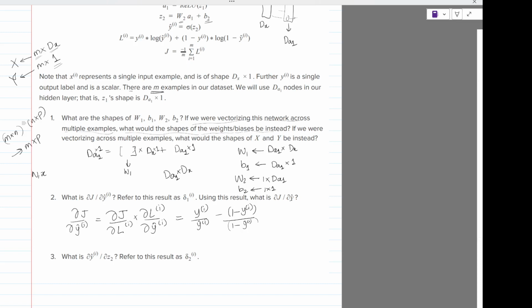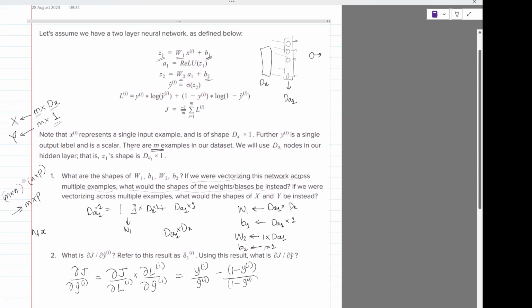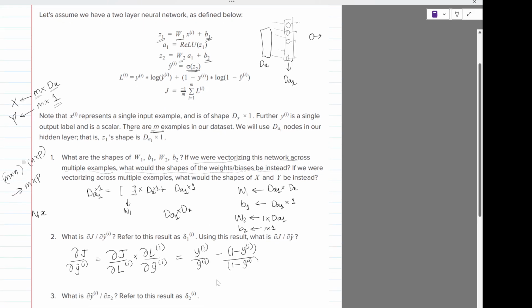Y hat i should be in the numerator. Yeah, y hat i is the output of this after activation. So I think it's in the denominator. Okay, yeah, let me check that.